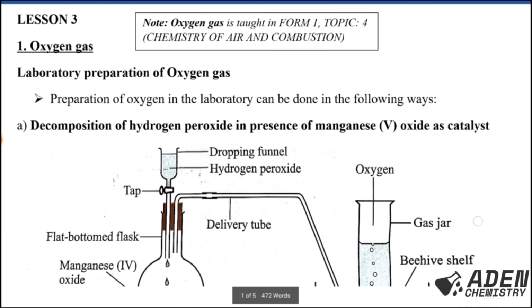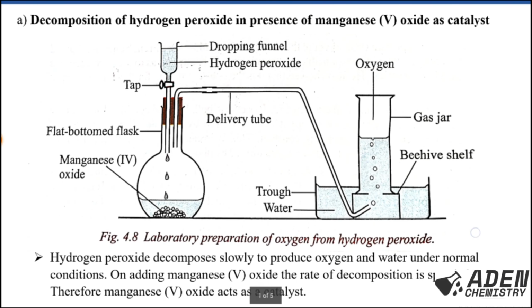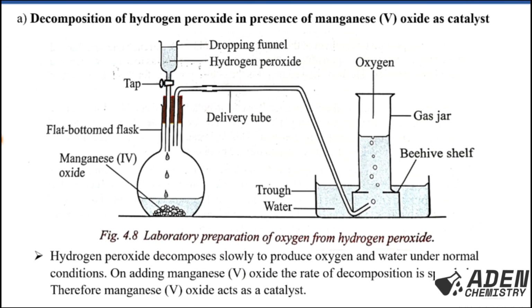This is how the setup for the catalytic decomposition of hydrogen peroxide looks. Here we have a dropping funnel with a top, containing the hydrogen peroxide. Here we have a flat bottom flask containing manganese peroxide.